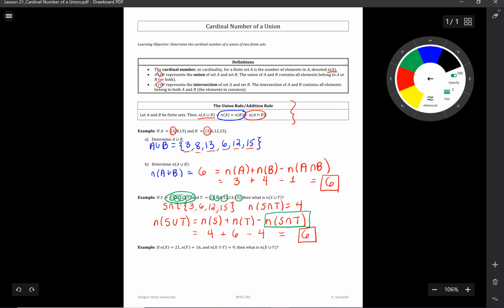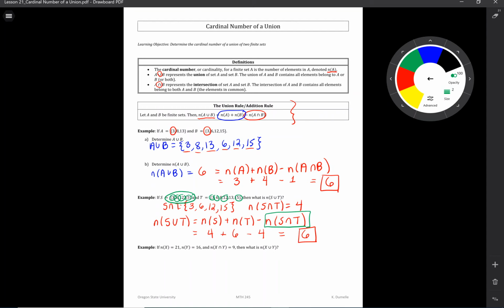All right, one last example here. If the number of elements in X is 21, the number of elements in Y is 16, and the number of elements in their intersection is 9, then what is the number of elements in X union Y? Here I don't have the actual lists to see what kind of elements I have, but I do have enough information to solve this problem.